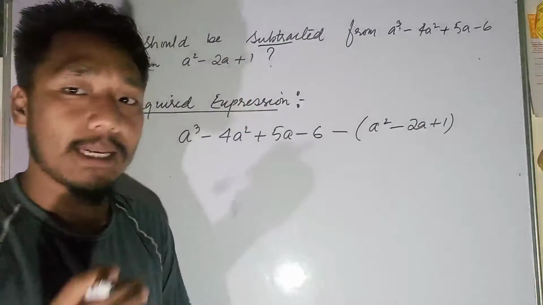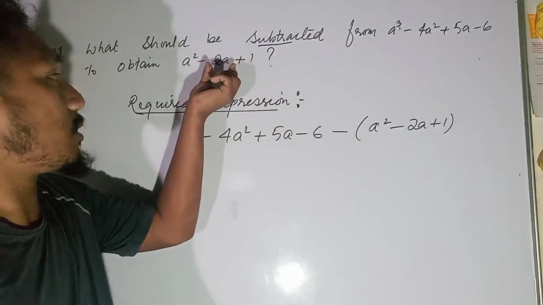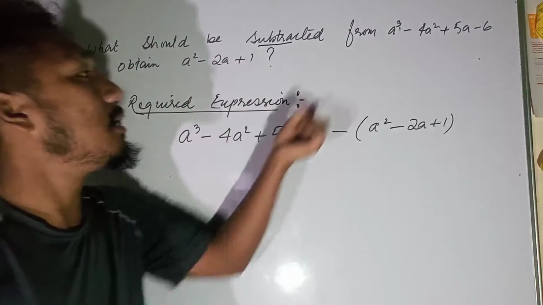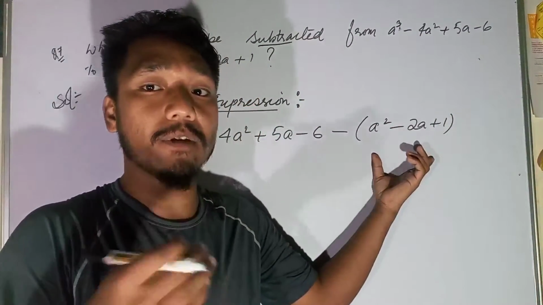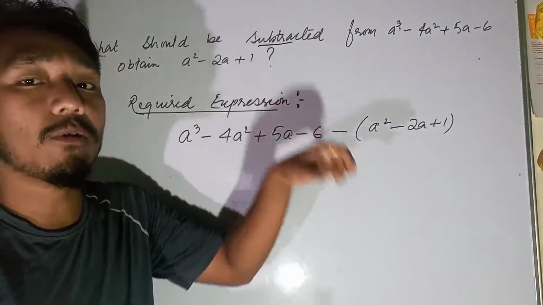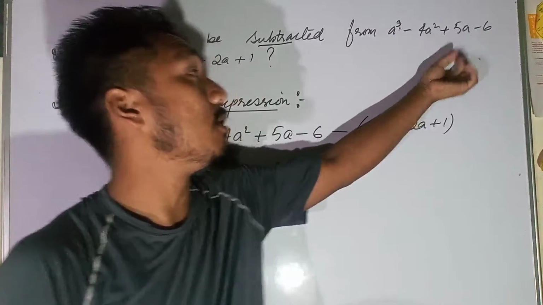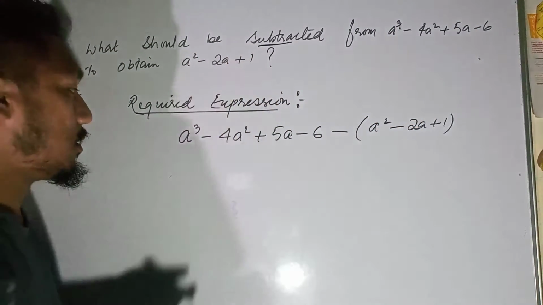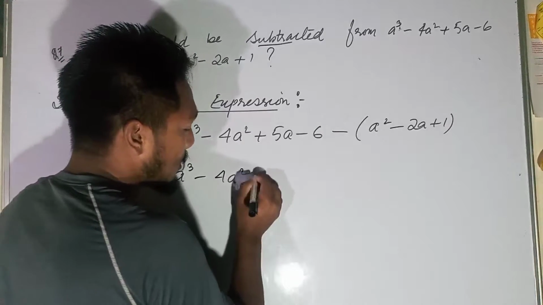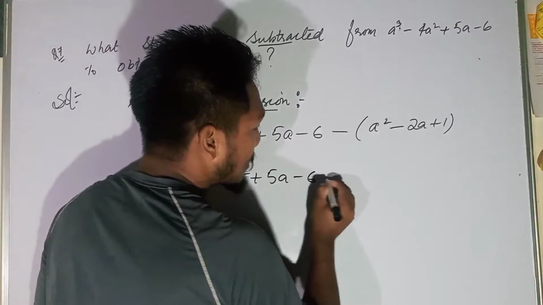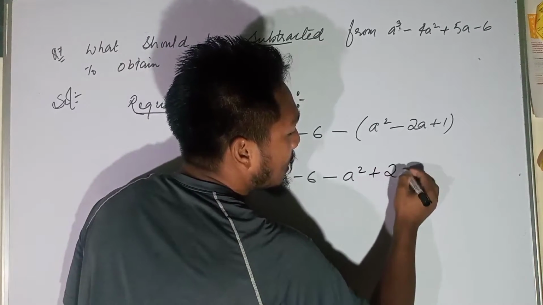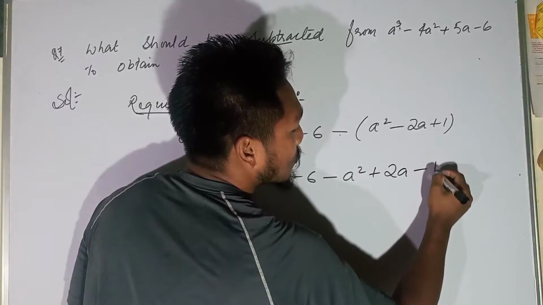But if it says what should be added, we subtract the given expression from the result, so the first expression is written first and the second is subtracted. So if I change this, a cubed minus 4a squared plus 5a minus 6, open the bracket: minus a squared, minus and minus become plus 2a, minus and plus become minus 1.